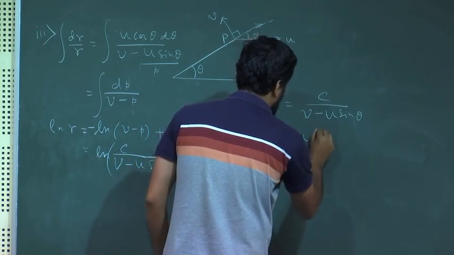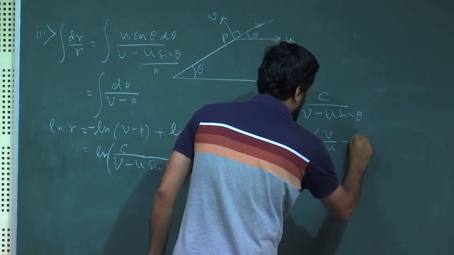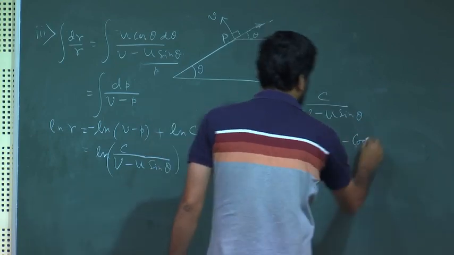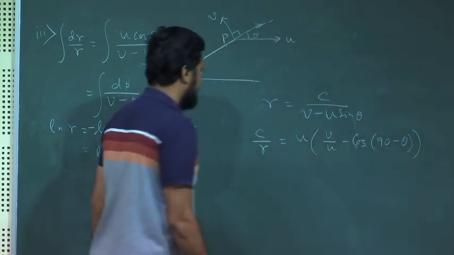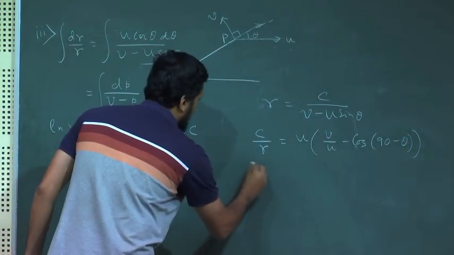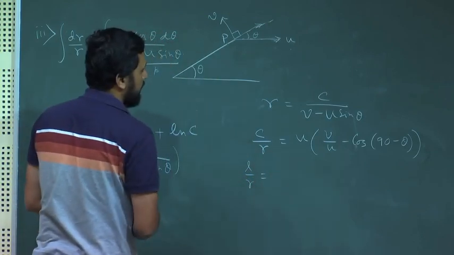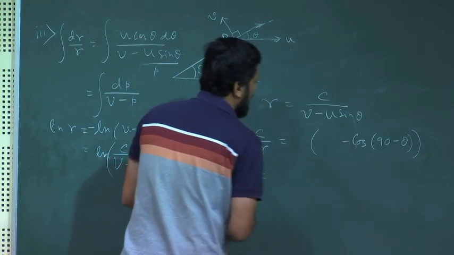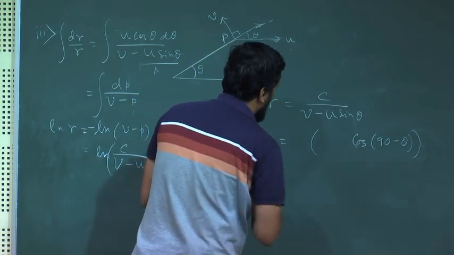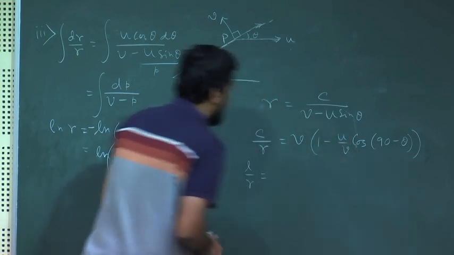v times (1 minus u by v sin theta), that is, 1 minus cos of 90 minus theta, or L by R is equal to, oh sorry, it has to be V, not U. So, if we take V out, it will be 1 minus U by V, right.